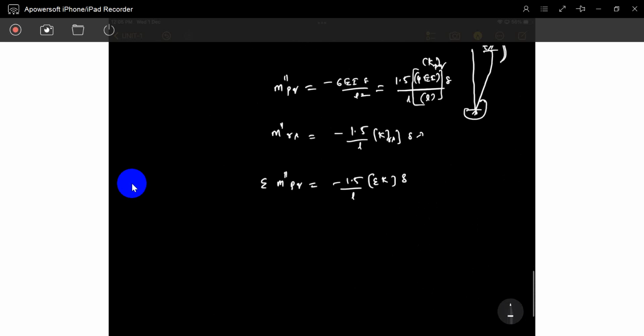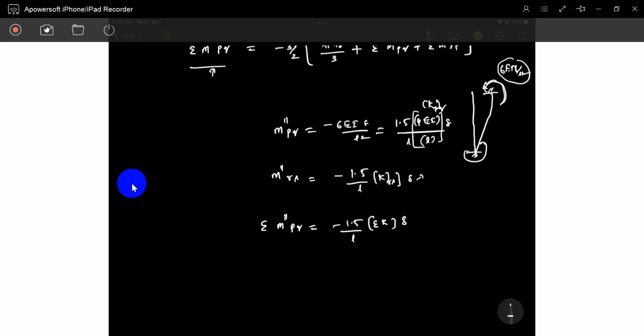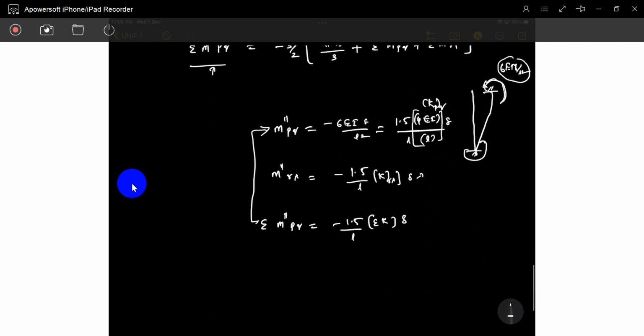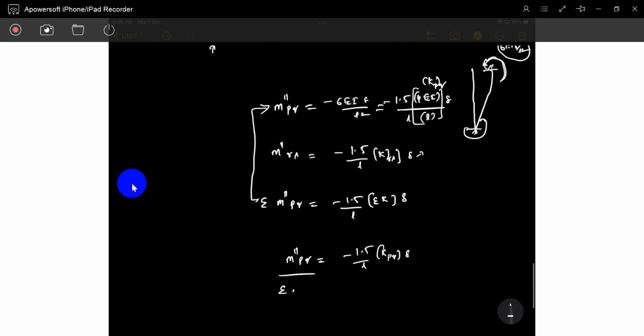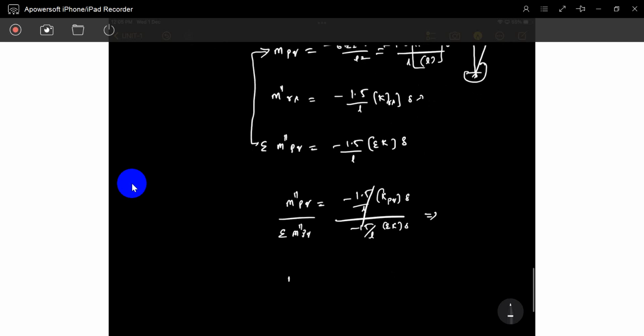Previously I developed this, so by this you can just see these two, one divided by another. PQ is what? Minus 1.5 L K of PQ delta. Sum of the PQ is L sum of the stiffness delta.